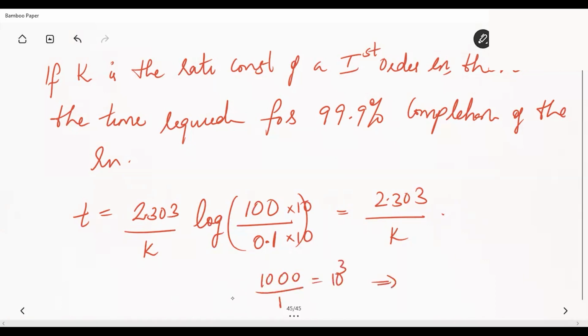That means log 10 cube, that is equal to 3 log 10. Log 10 is equal to 1. So we'll be getting a value of 3. Understand? So you will get the answer 3 times 2.303 by K. That is the answer. So this is the method we use for finding it.